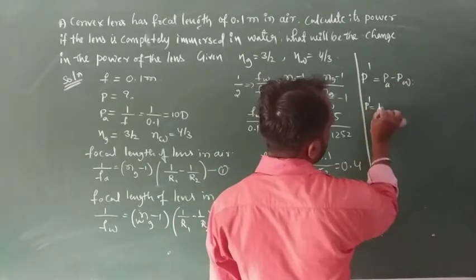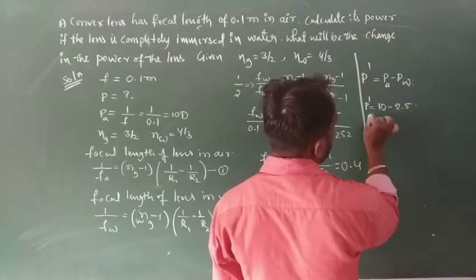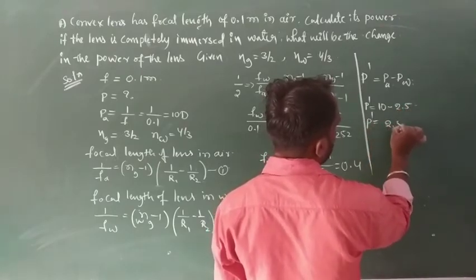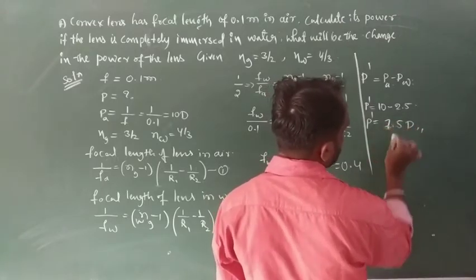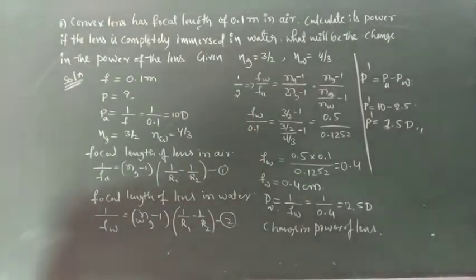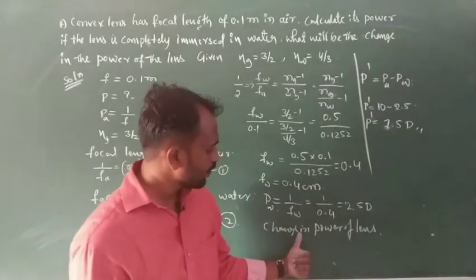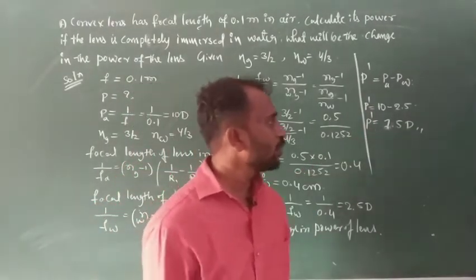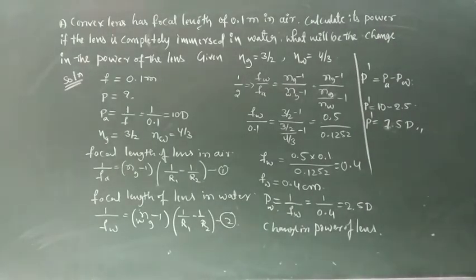So P dash is equal to 10 minus 2.5, which is 7.5 diopter. So the power of the lens changes, and the change in power of the lens P dash is equal to 7.5 diopter.